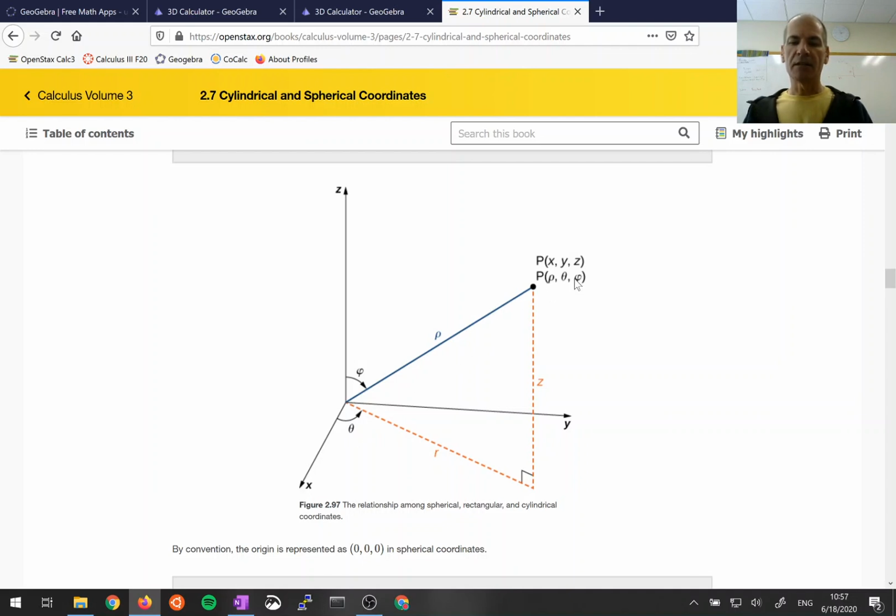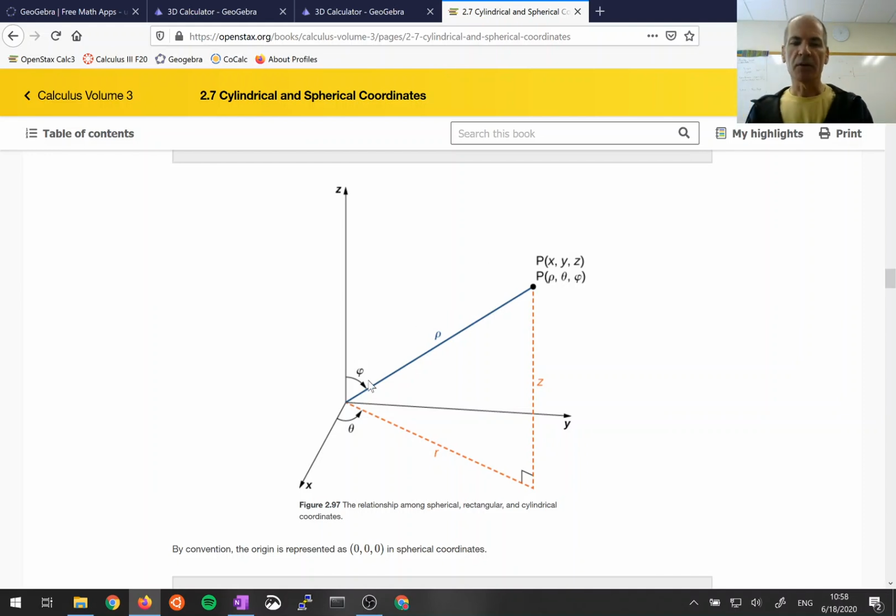And phi says if you take this ray from the origin out to the point, a distance rho, and you look at the angle that it makes with the positive z-axis, then that angle we'll call phi.